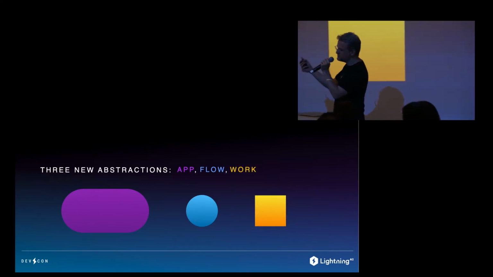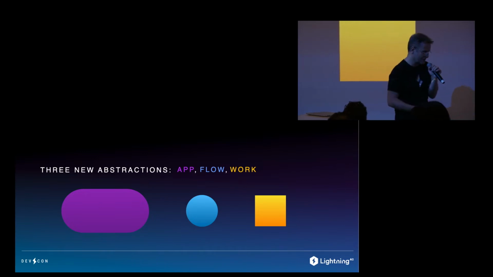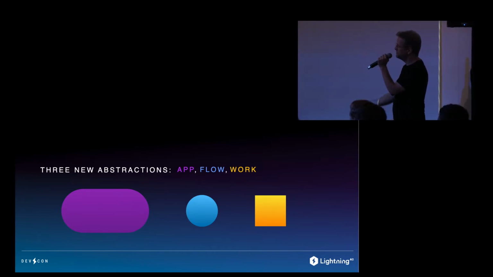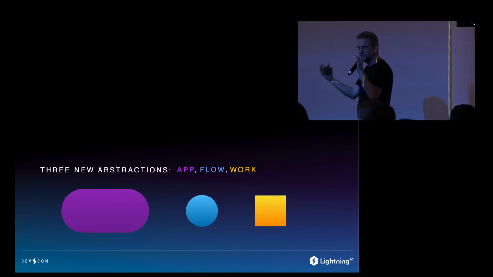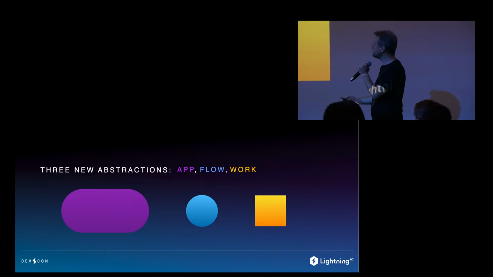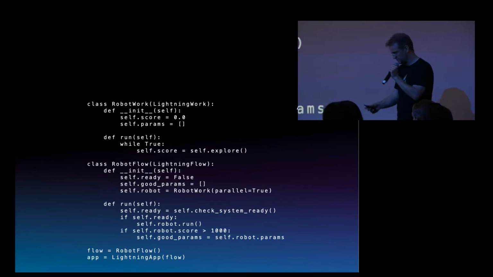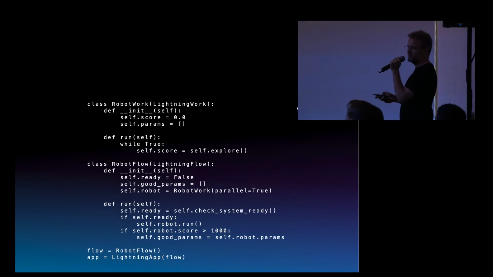So we introduced 3 new abstractions, like William introduced at the beginning of the keynote. We have app, flow, and work. These 3 guys will allow you to build the systems you want. Let's take a look at a sample application. A robot.